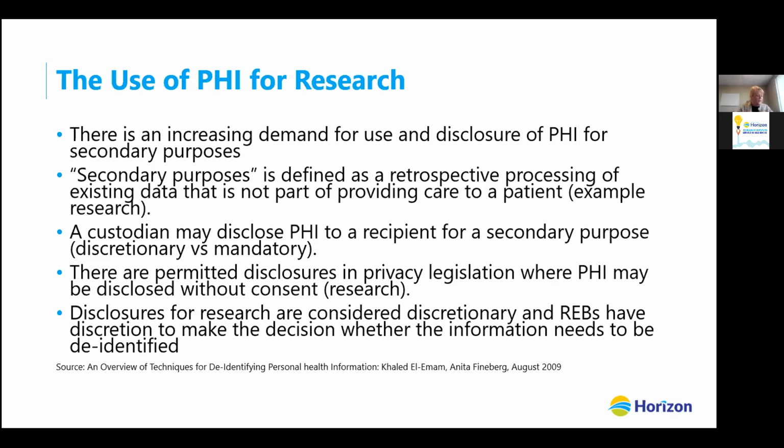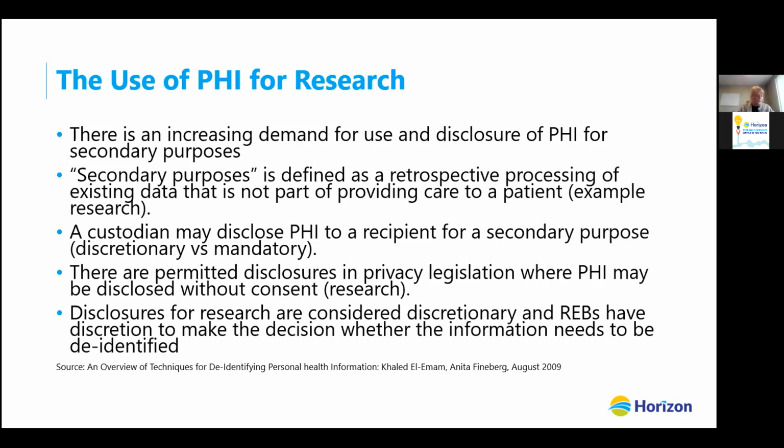And so a custodian may disclose personal health information to a recipient for a secondary purpose. And these secondary purposes can be either discretionary or mandatory. And there are permitted disclosures in privacy legislation, as I just mentioned, where PHI may be disclosed without consent, and one of those instances would be research.